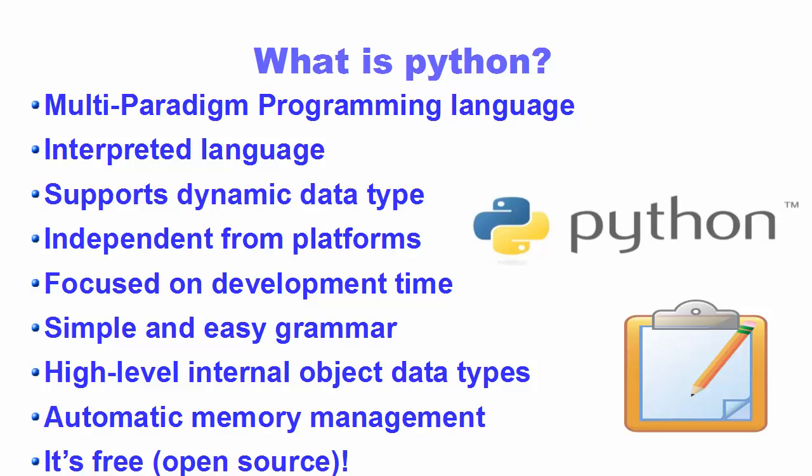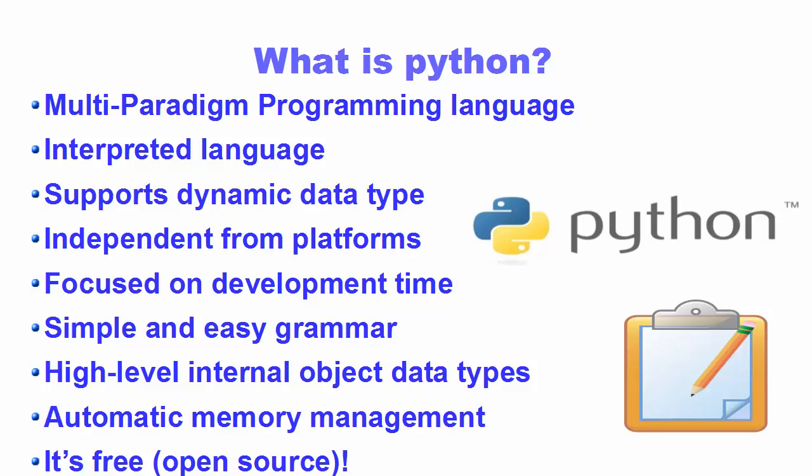Now Python supports dynamic data types. To understand this, we need to understand the difference between statically typed programming languages and dynamically typed programming languages. Statically typed programming languages do the type checking at compile time as opposed to runtime, and dynamically typed programming languages do type checking at runtime as opposed to compile time.